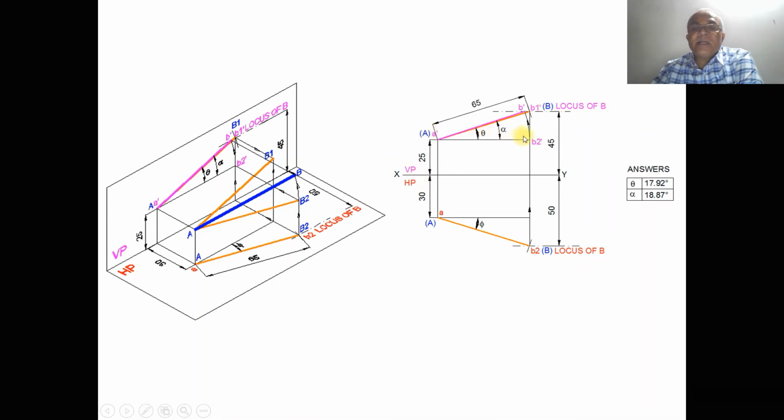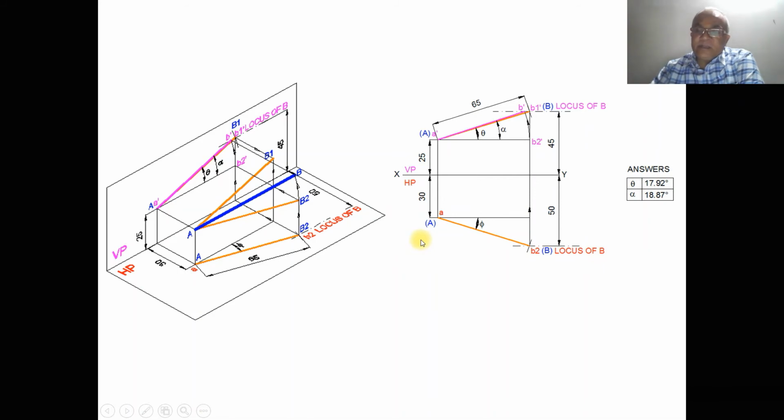So with A dash as center, taking the radius of A dash B2 dash, you draw an arc such that it cuts the locus of B here, and join A dash B dash with a dark line. This is the apparent inclination with respect to HP, alpha, and the true inclination with respect to HP, theta. Then you measure those angles.